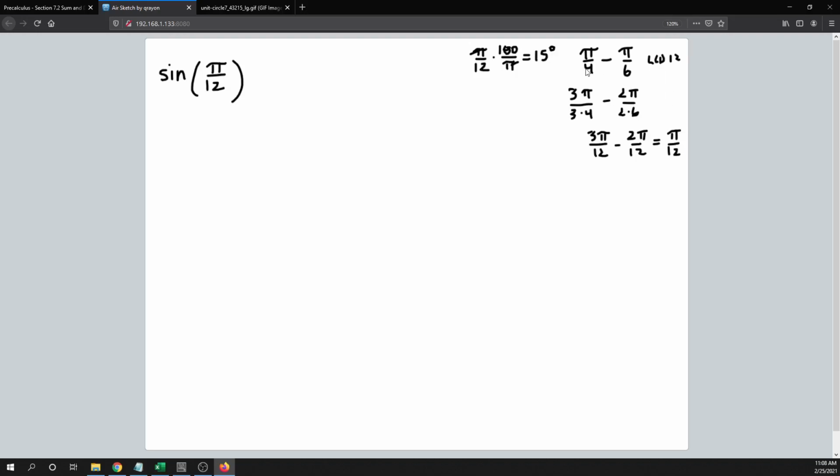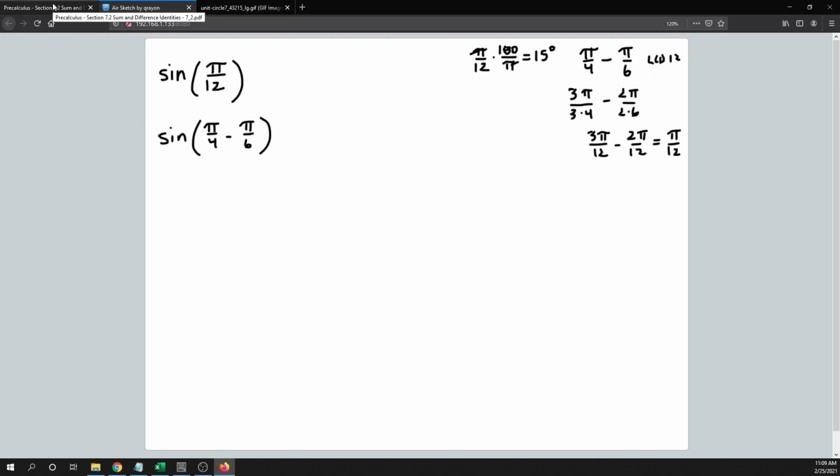Since they want the exact value of sine of pi over 12 and it's not on the unit circle, we are going to do sine of pi over 4 minus pi over 6. That's going to be good because then we can use the difference identity, the one for subtraction. We know pi over 4 is one of the special angles labeled on the unit circle, and so is pi over 6.